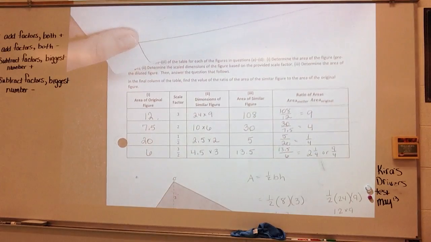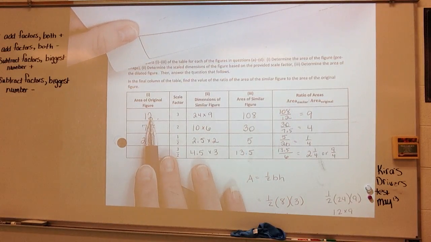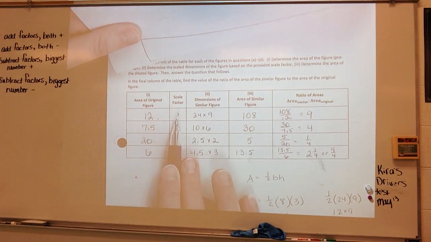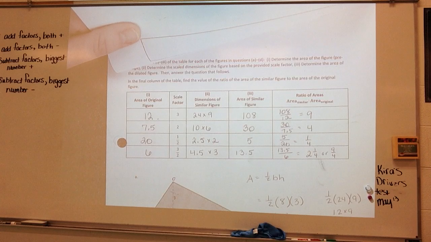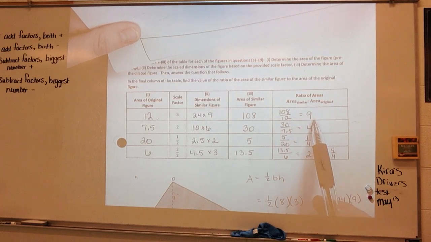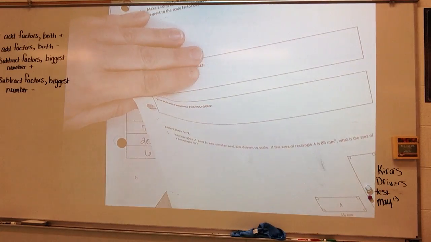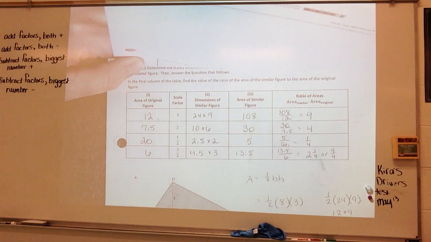Alright, well let's look at the area of our original, look at the scale factor, and look at the area of the similar figure. Alright, and then look at your scale factor. Alright, they want us to talk about this.